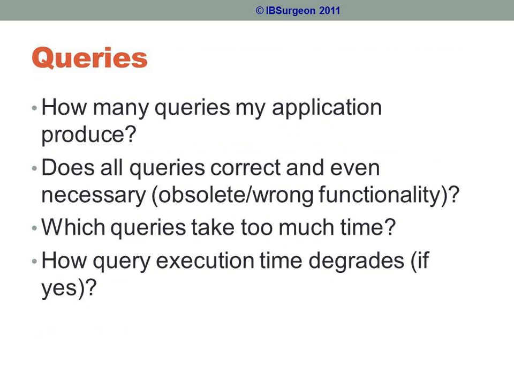So here we come to queries, because we also need to understand why at some point in time a query works slower and slower and slower. Maybe some applications that have been written for years have obsolete queries, or the business logic became skewed, or anything.